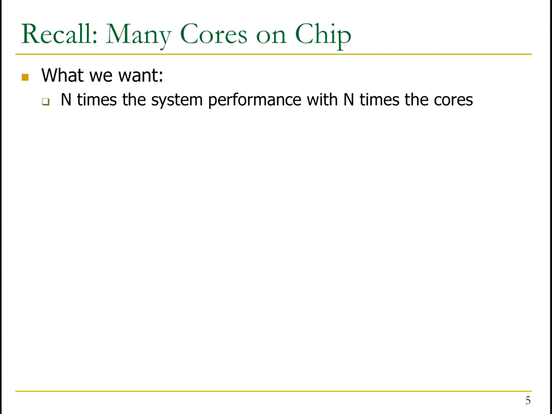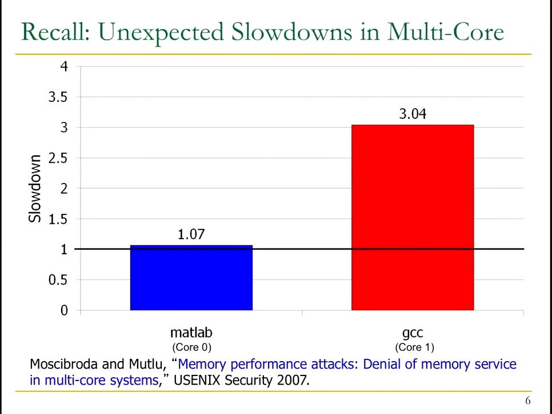Okay, recall that if you want to add more cores to the system, we want to get more performance, right? Ideally, that's what we like. But I showed you this picture based on an experiment that we did at Microsoft Research more than 10 years ago now, that showed that if you run these 2 applications together, one application doesn't slow down that much, whereas the other application slows down by almost 3x.